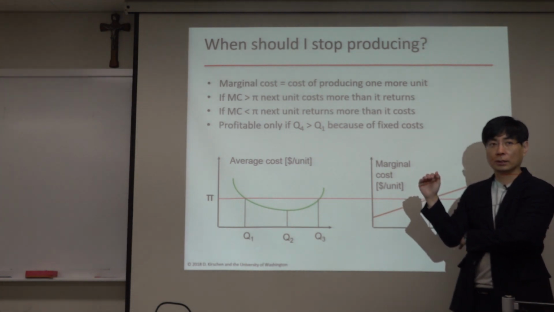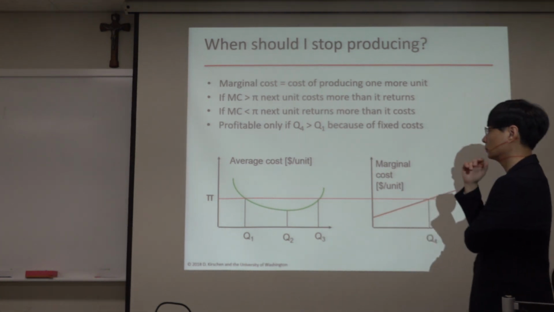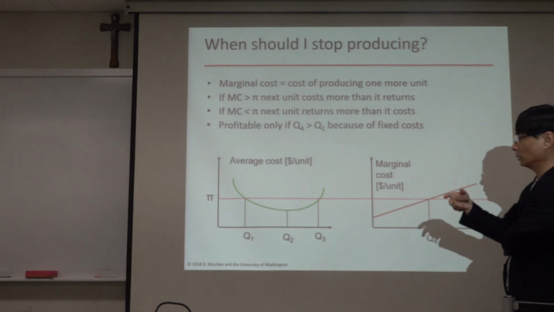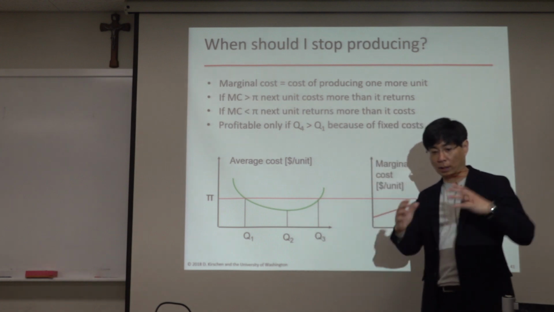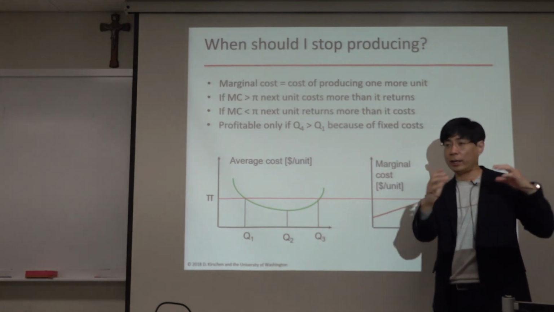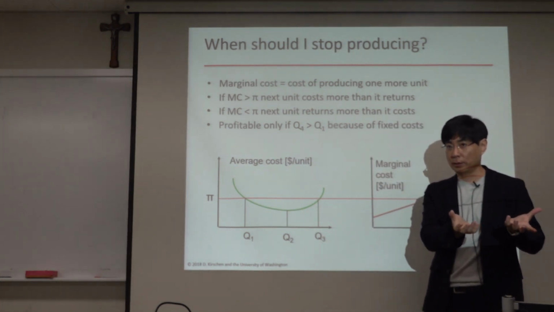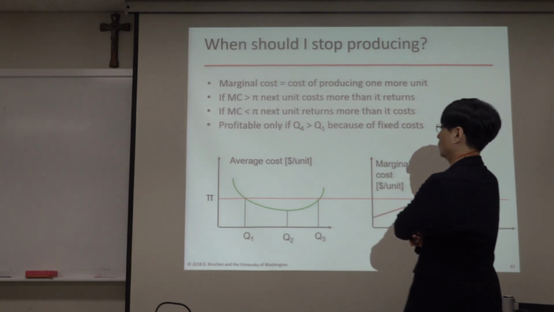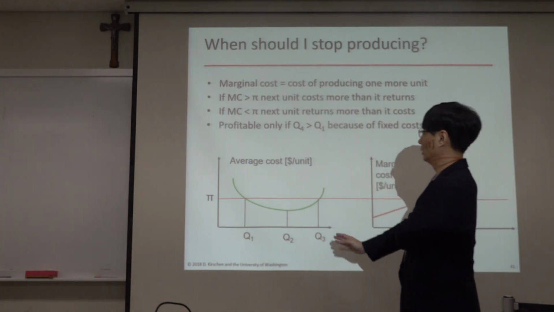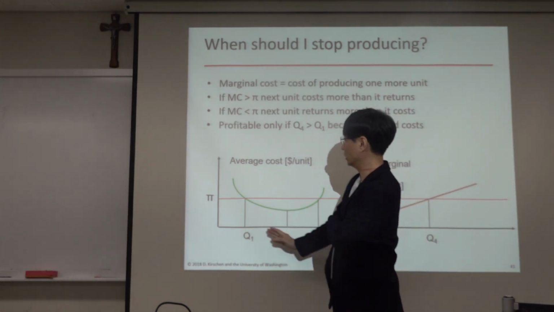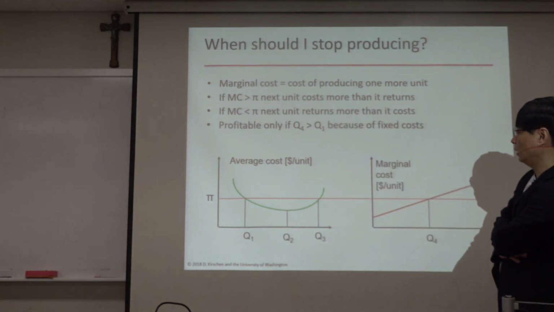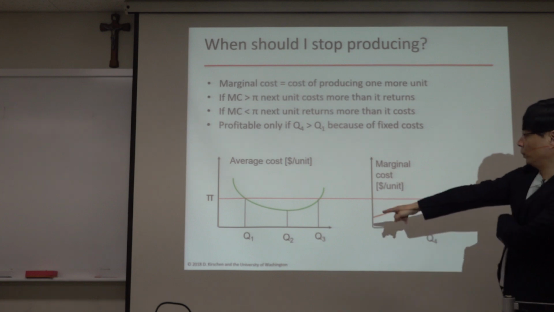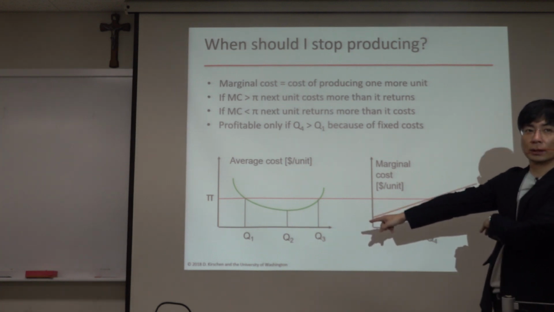Do you see that? Because average cost times the total quantity is the total cost, and the price times y is the total revenue. So yes, this is the reason where we can produce. Then Q4 should be less than Q3.